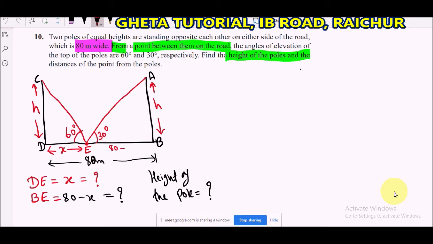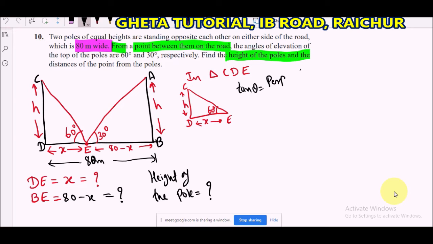Two triangles we have to take here. First, in triangle CDE, here we have the angle of 60 degrees. H is the height and DE is x. So tan theta is equal to perpendicular by base.